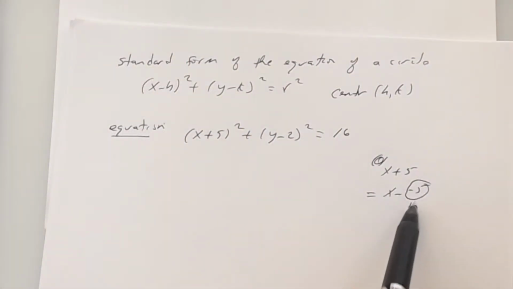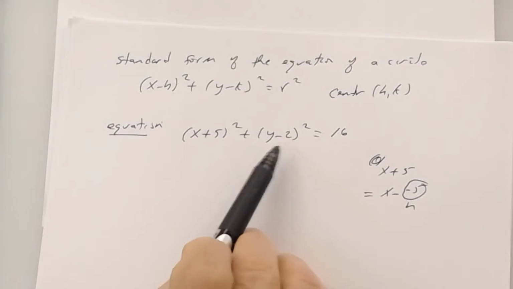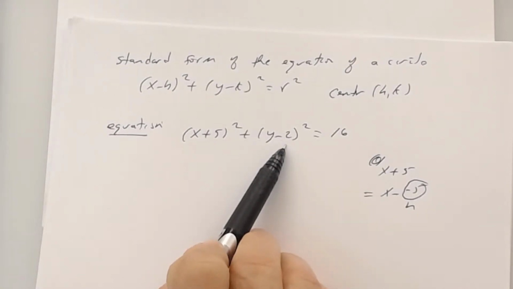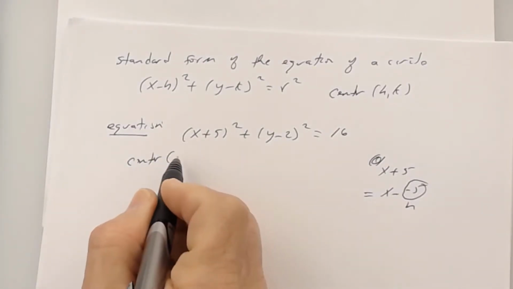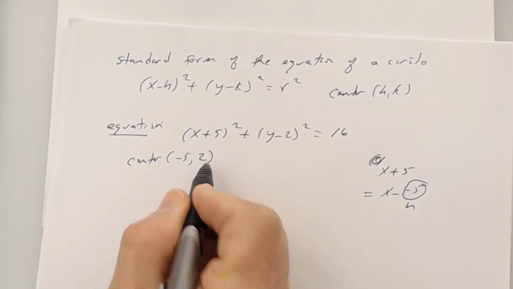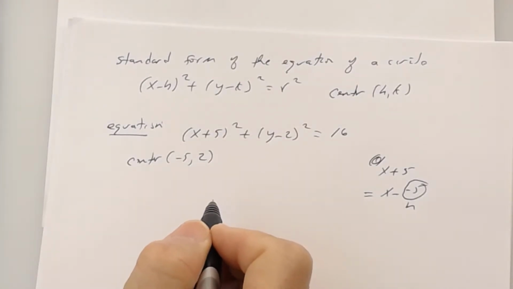And that's already right here, y minus k, right? So that means that k is what? K is 2, not negative 2. So your center is (-5, 2). That's an easy thing to mess up on.